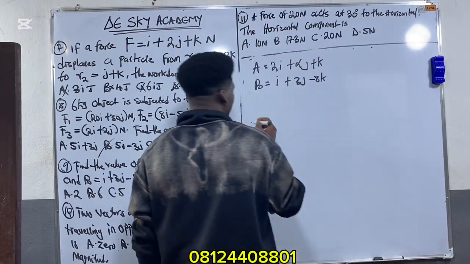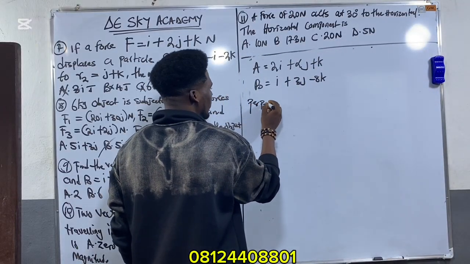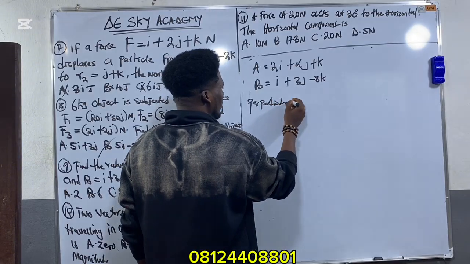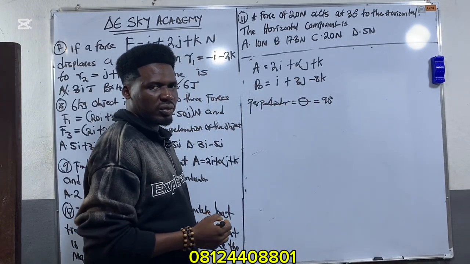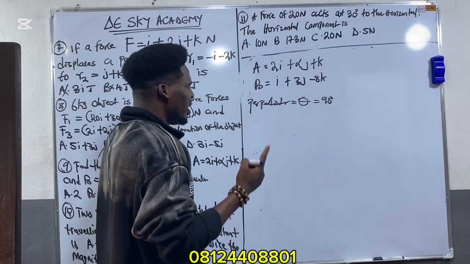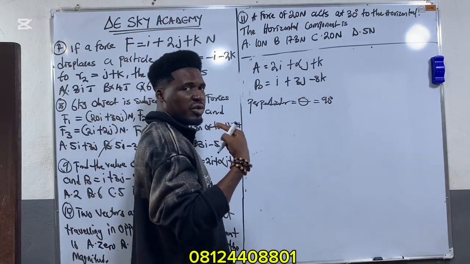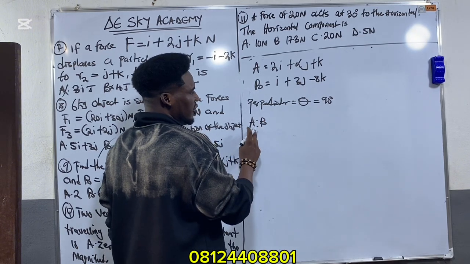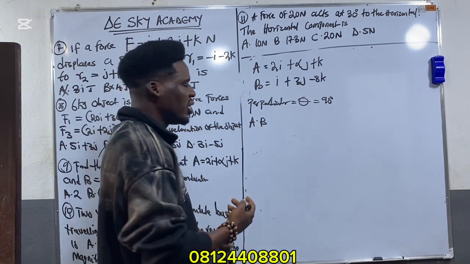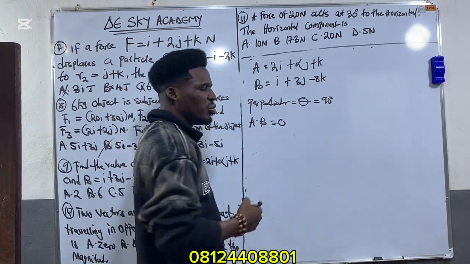Now, if you hear the word perpendicular, it means that the angle subtended is 90 degrees. If it is 90 degrees, remember what I told you in the previous video, that the dot product of two vectors, if they are perpendicular, is equal to 0. I was able to prove this.